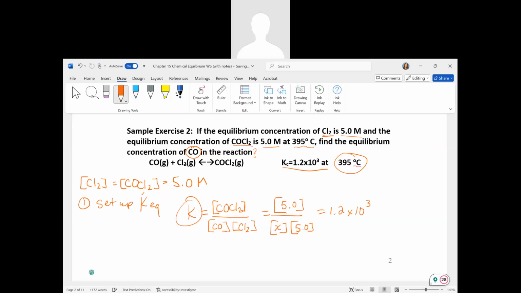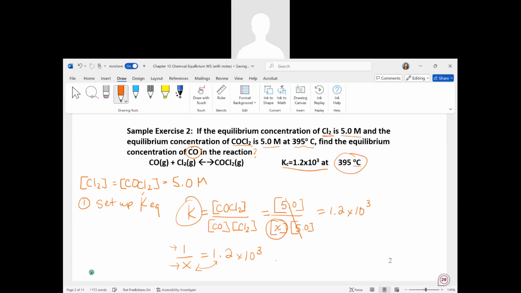All right, so now we may notice, if you're good with algebra here, that these values will actually cancel out. So we can rearrange this equation and simplify it first to be 1 over x. That's the only thing on the denominator now, and the numerator turned into a 1, equals 1.2 times 10 to the third. And now if we rearrange this, really we're just going to swap these two values.